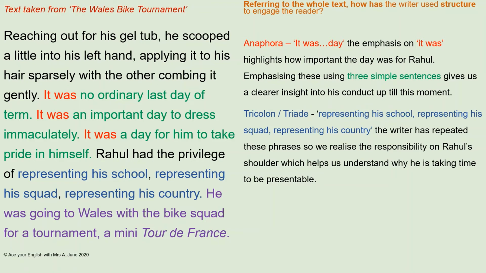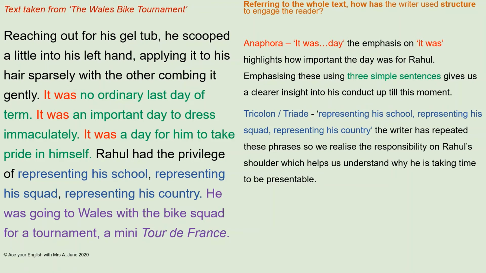So tricolon: representing his school, representing his squad, representing his country. So the writer has repeated these phrases. So the reader begins to realize there's some responsibility on Rahul's shoulders.